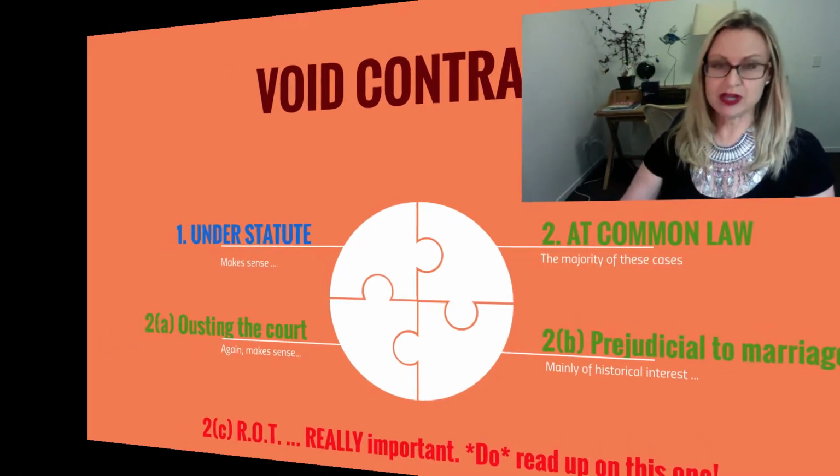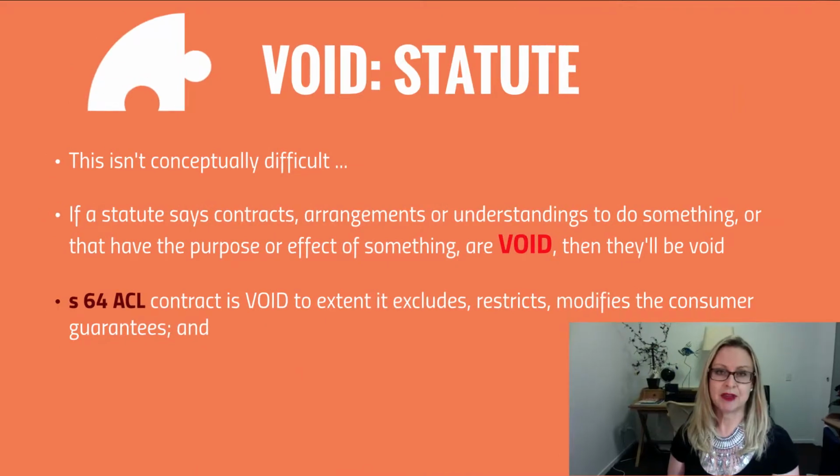Okay, so looking at void contracts under statute, very, very simple. If a statute says that contracts, arrangements or understandings to do something or that have the purpose or effect of something are void, then guess what? They will be void. So one good example is section 64 of the Australian Consumer Law. No doubt you will have come across the consumer guarantees in the Australian Consumer Law.